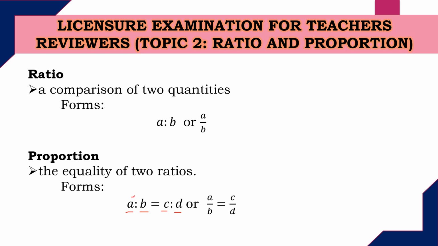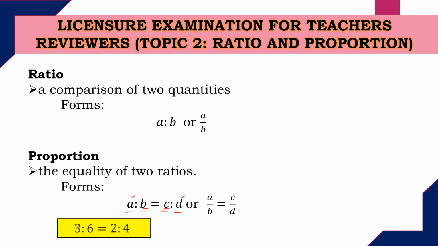The first and the fourth terms, A and D, are called extremes, and the second and third terms, B and C, are called the means.